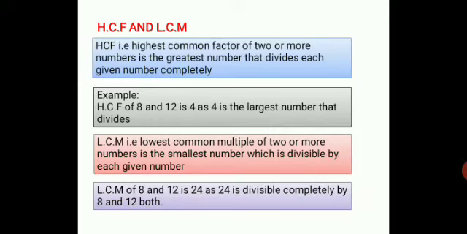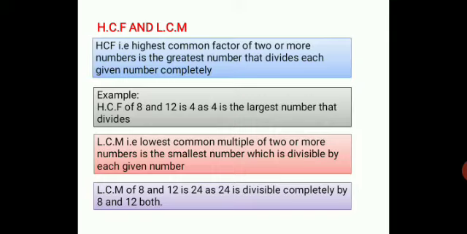LCM of 8 and 12 is 24, as 24 is divisible completely by 8 and 12 both. See, 8 3s are 24, 12 2s are 24. So 24 is divisible by both 8 and 12, and 24 is the smallest number which is divisible by both 8 and 12.